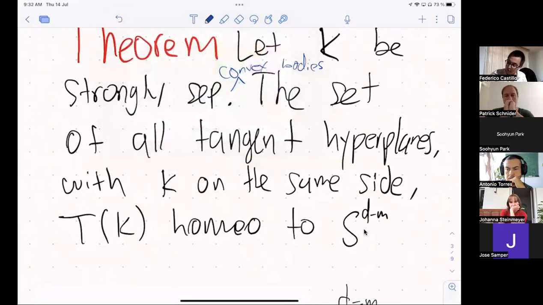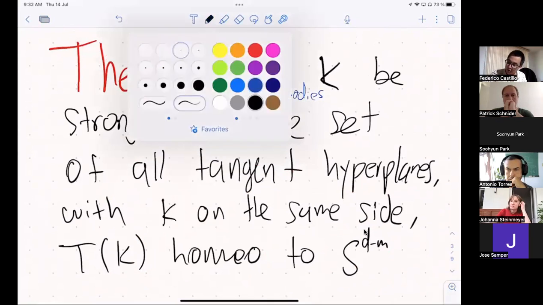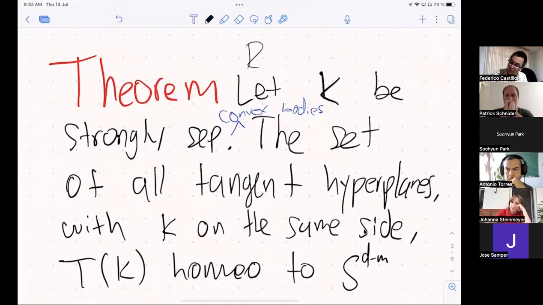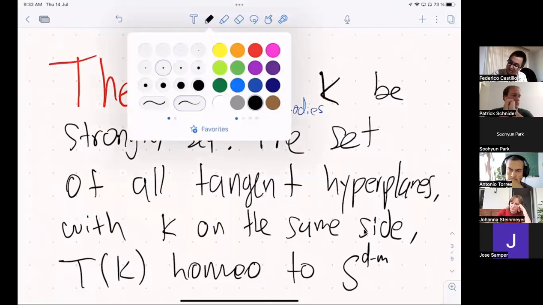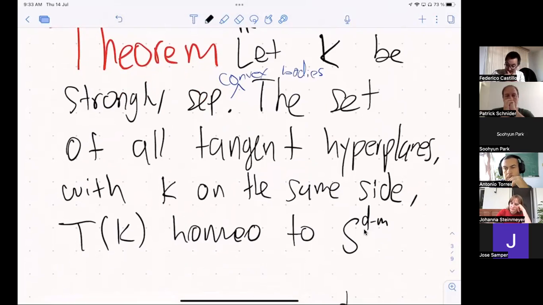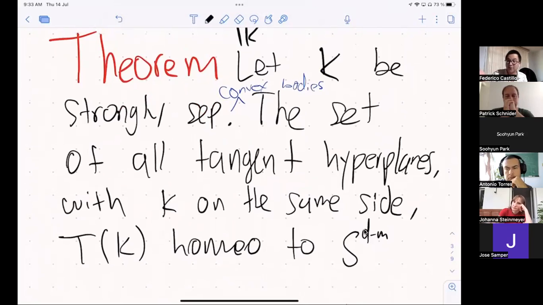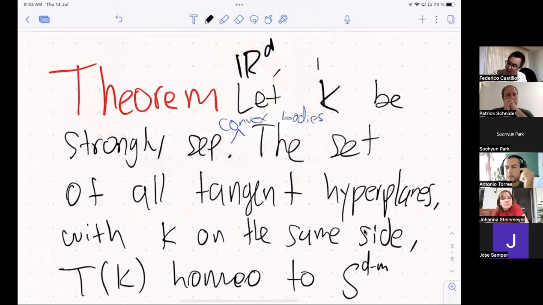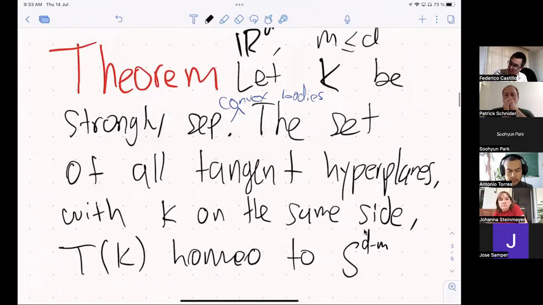Everything here is in R^D, a Euclidean space, and every convex body is full dimensional, so they all have dimension D. And here we are talking about M smaller than D, so I have to put it also as a condition: M is smaller or equal to D, in order for this to be true.